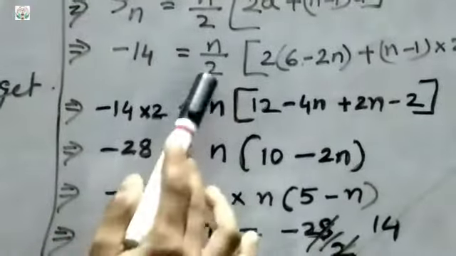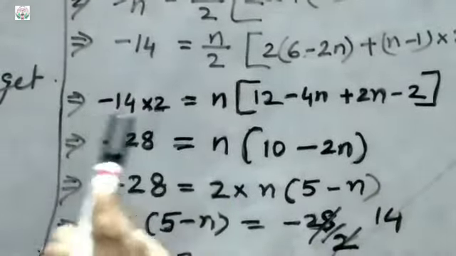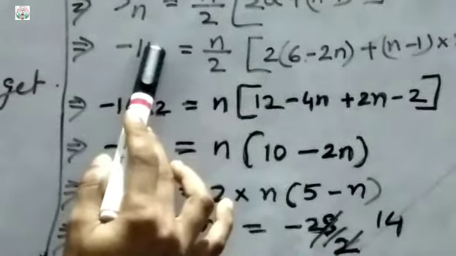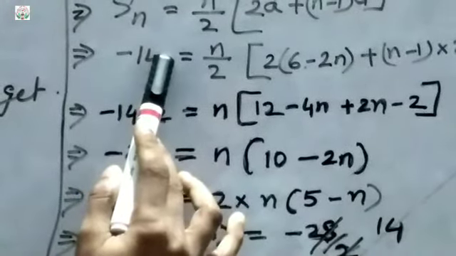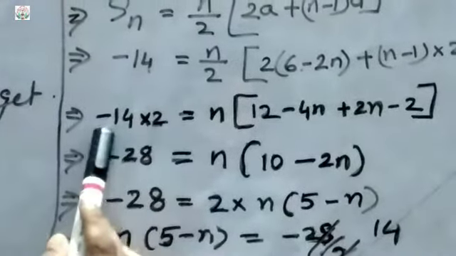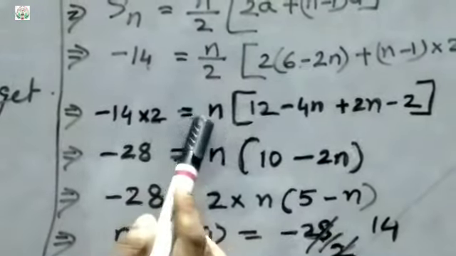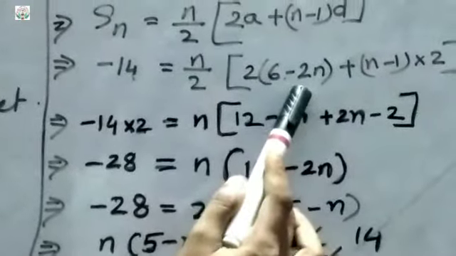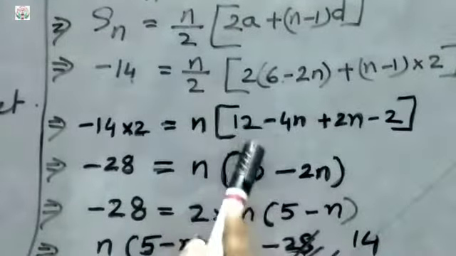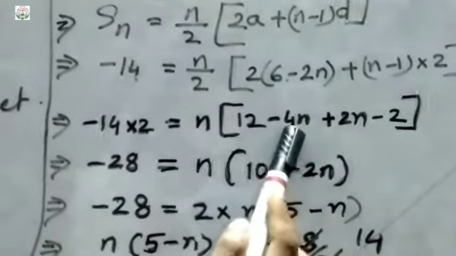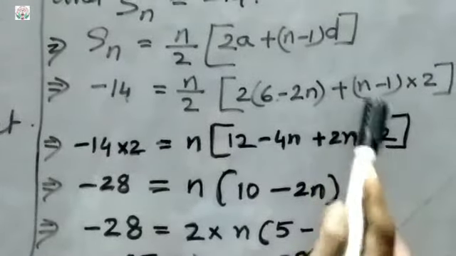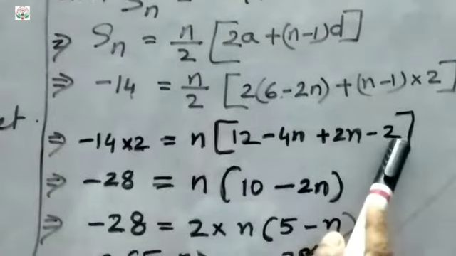On simplification, cross multiplication, what will we get? Minus 14 into 2. When the 2 goes to the other side, it becomes multiplication in the numerator. So minus 14 into 2 equals n into (multiply this 2 with 6 minus 2n, that is 12 minus 4n, plus here also 2 multiplied by (n minus 1), so it will be 2n minus 2).